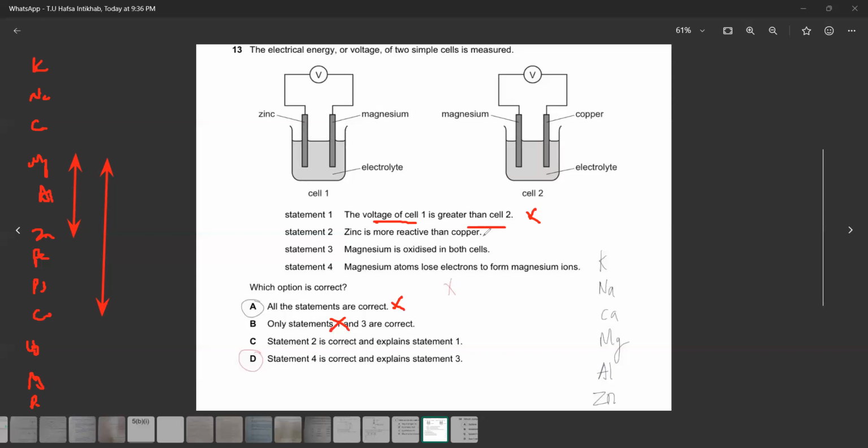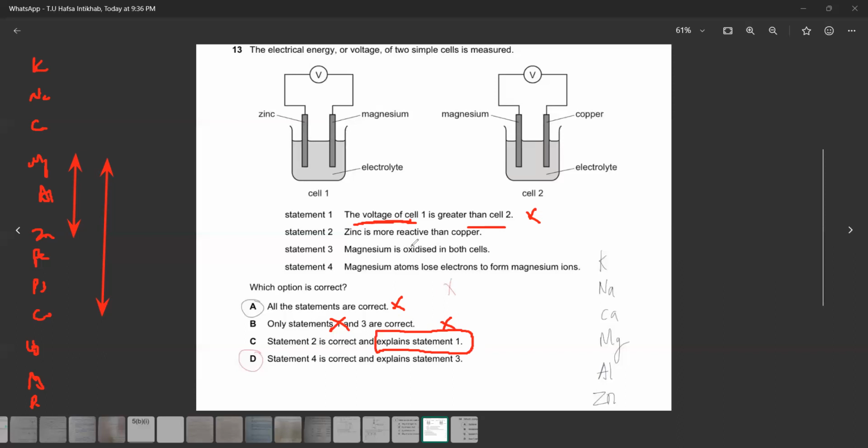This statement is correct, as we know zinc is more reactive than copper. But the voltage of a cell, because statement 1 is explained by statement 2, and statement 1 is wrong. So even though statement 2 is correct, statement 1 is totally wrong. That's why this option is also incorrect.